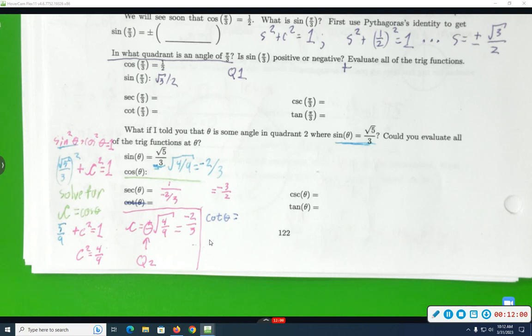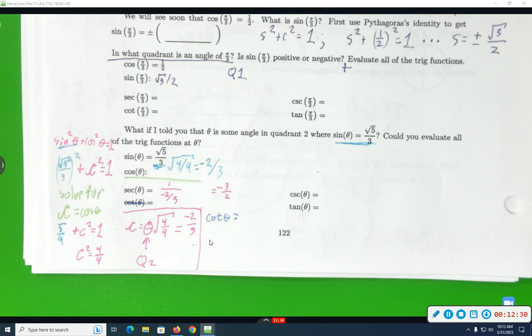I can't tell you why these things are named the way they're named. I guess it should be secant because it should be the length of some secant line.